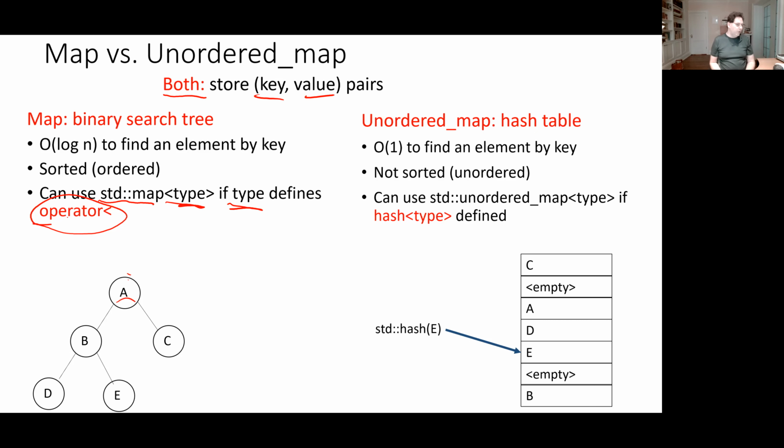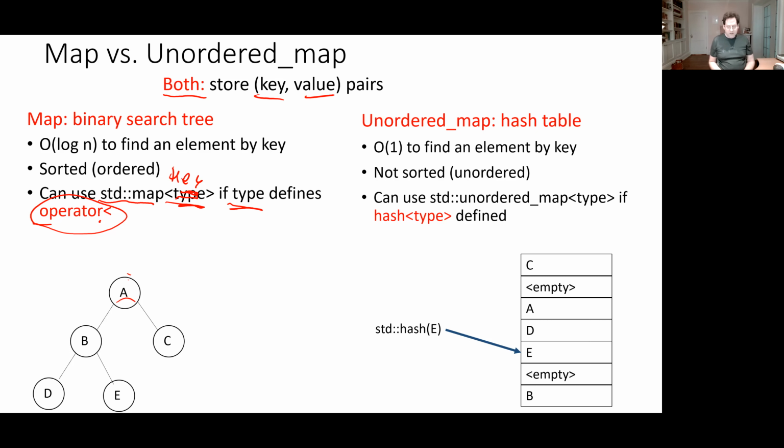You have to give a sorting operator somehow, and the common way to do it is just that whatever you use as your key, so let's change this from type to just key, because it's the key type that has to define operator less than. You can also pass a comparison function if you want, but normally what people do is just the key type. If it defines operator less than, you can use it. So integers, strings, all these things, they already have operator less than defined, so you can use them as keys without doing anything extra.